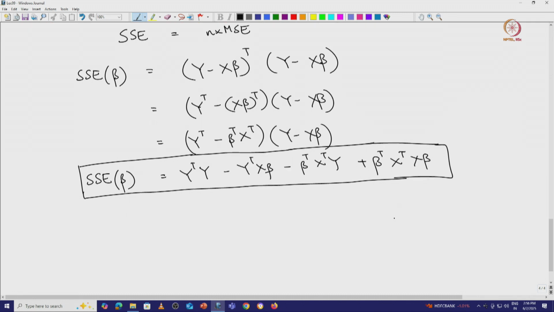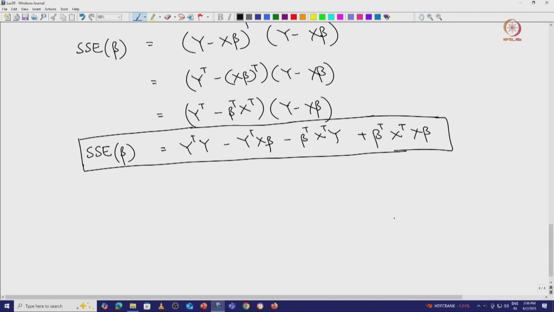Okay, so let us go ahead. What I had told you earlier is that we will have to take the derivative of this sum of squared errors with respect to the parameter vector beta. So what we need to do is take del SSE del beta and set it to 0, and the nice thing about writing it in matrix form is that this equation takes a very simple form.